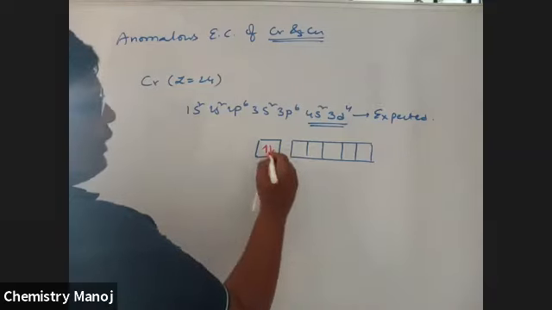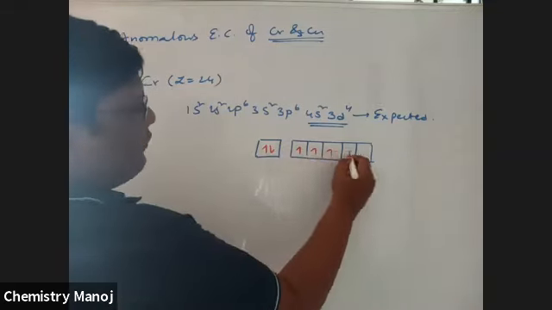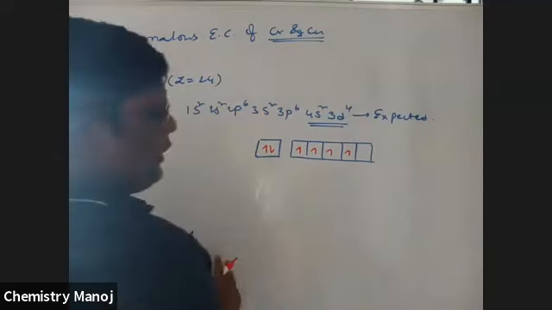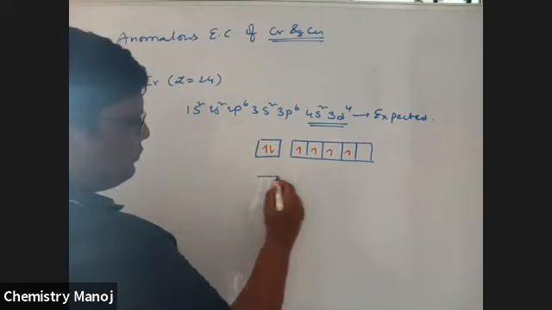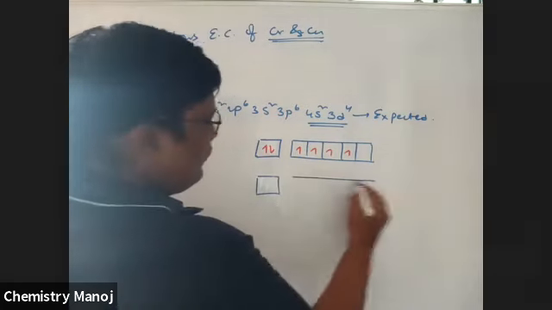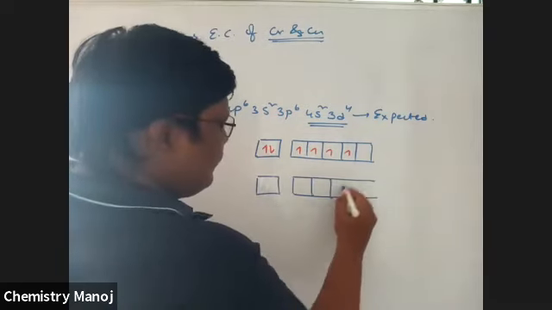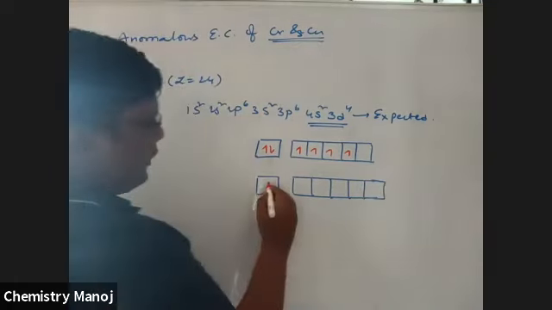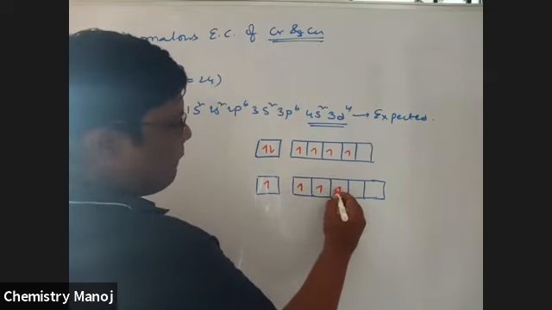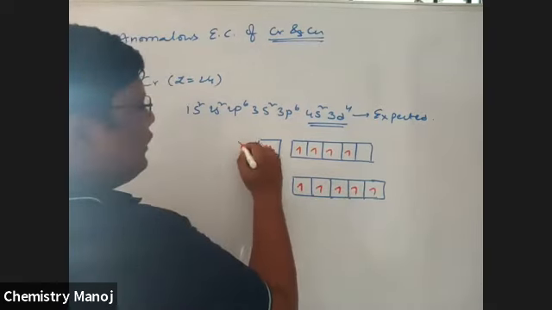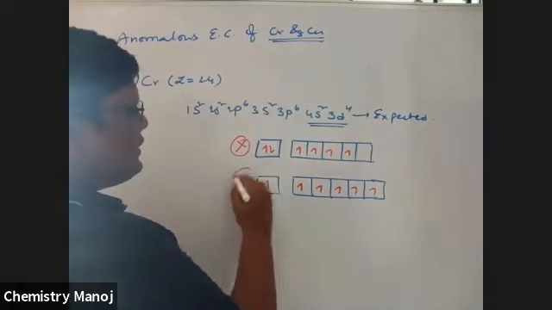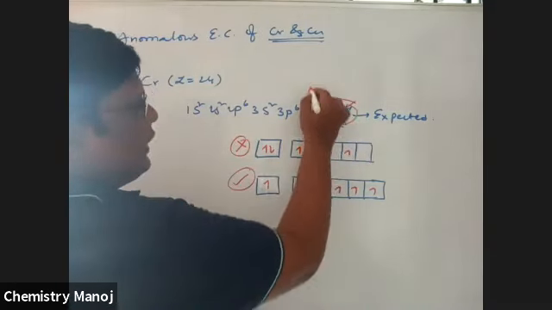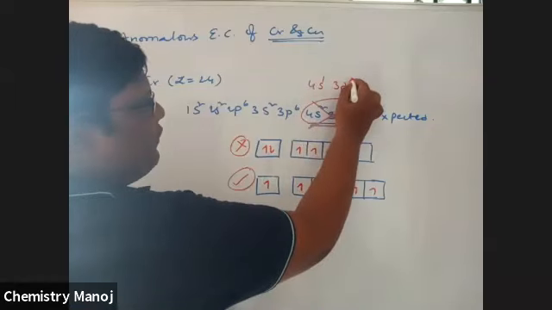These are the 4s2 electrons, 1, 2, 3, 4. So this is expected, but this is what actually exists. This electronic configuration is not possible. 4s1 3d5 is correct.